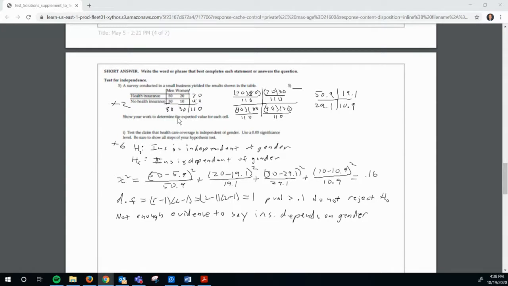How many men have it? 50 out of 80. How many women? 20 out of 30. Are those proportions the same? 50 out of 80, the same thing as 20 out of 30. That's going to be what, 0.625?